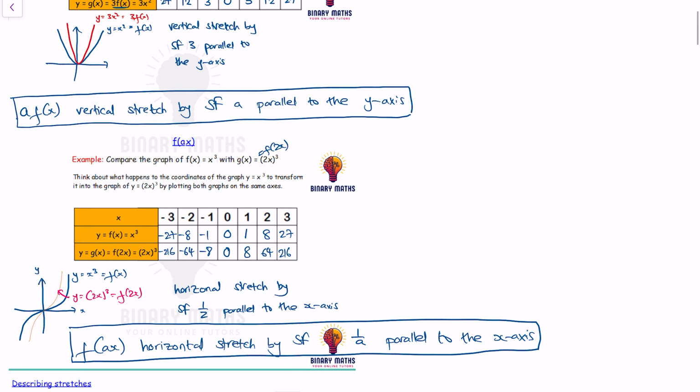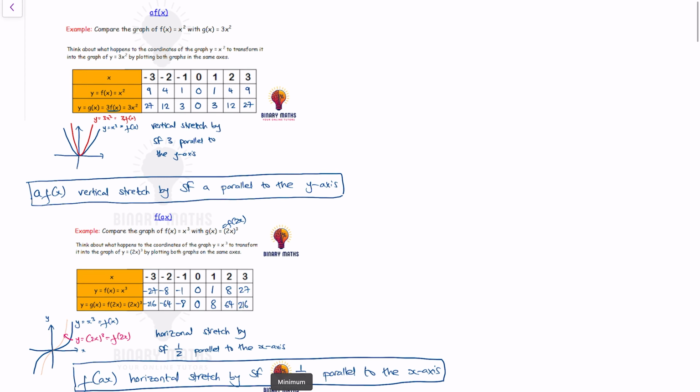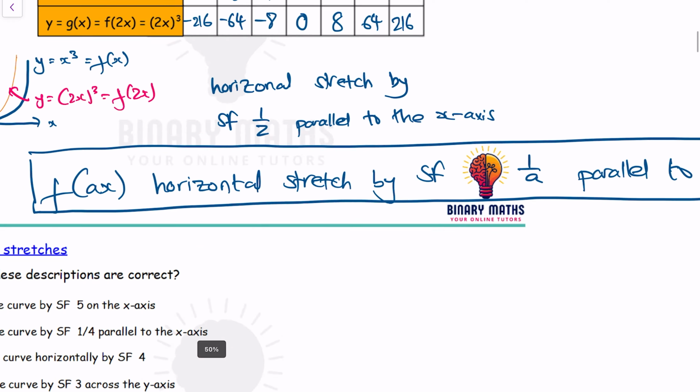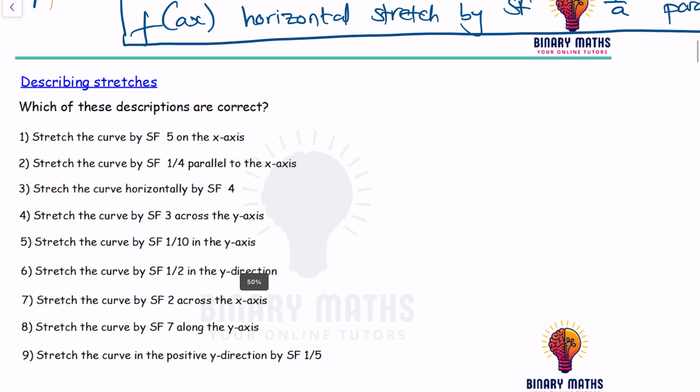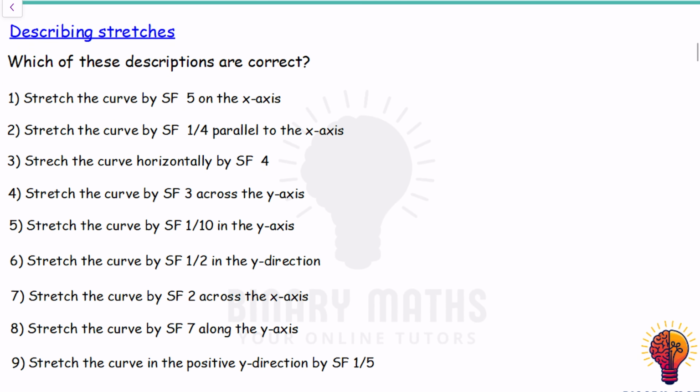Okay, so in an exam, you're obviously asked to describe these transformations. So how can you describe them correctly? What is the correct terminology you can use? Stretch the curve by scale factor 5 on the x-axis. That is wrong, because why would you stretch it on the x-axis? It's affecting the whole grid here.